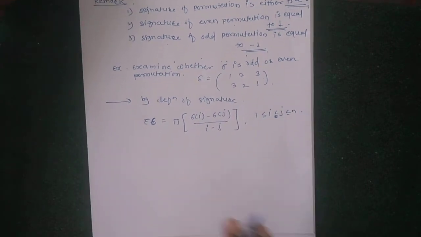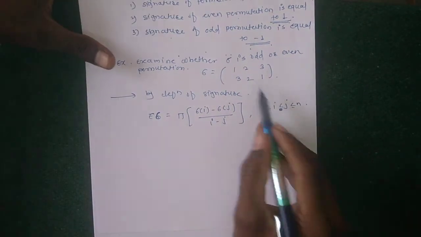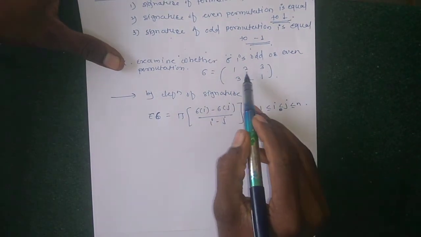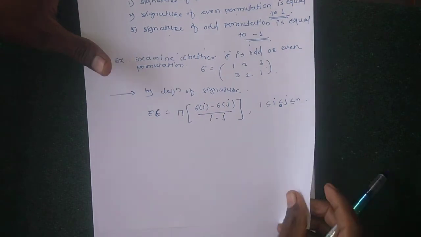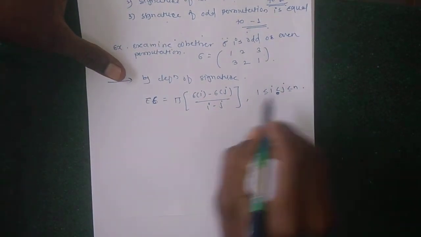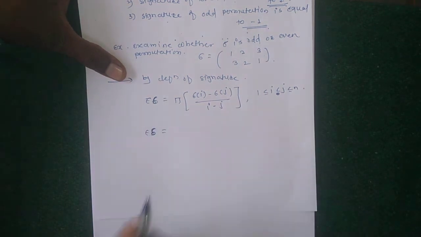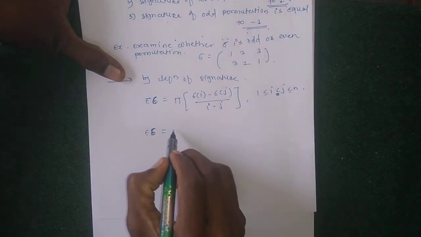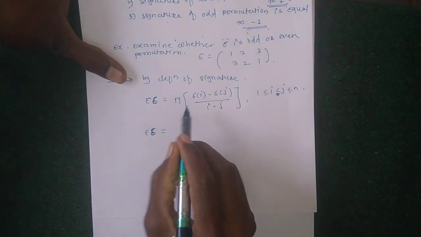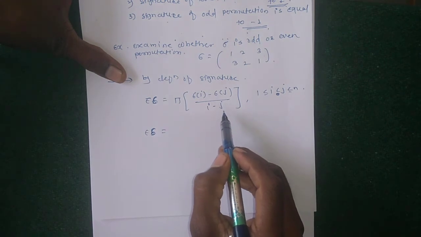Here n is 3, because sigma contains 3 distinct elements, 1 2 3. So n is 3, therefore epsilon sigma equals the product of sigma i minus sigma j divided by i minus j.